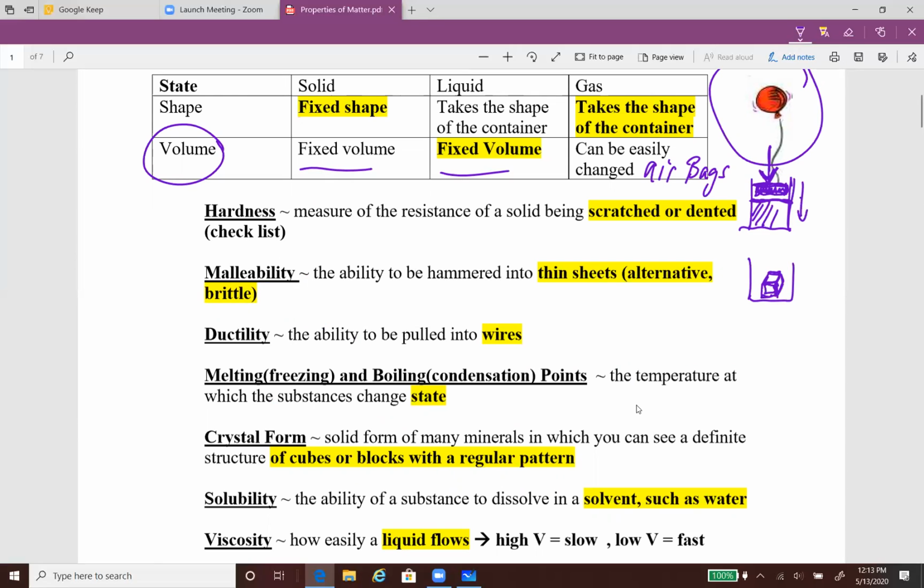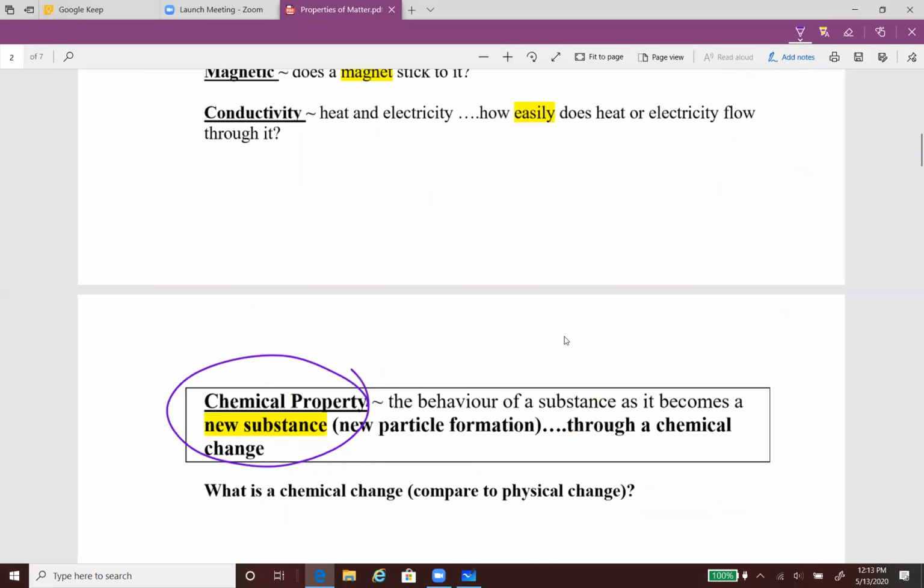Another way to describe matter is if it's malleable. That means you can hammer it into thin sheets, like aluminum foil. If you buy a roll of aluminum foil, it's malleable, so you can make it into sheets.